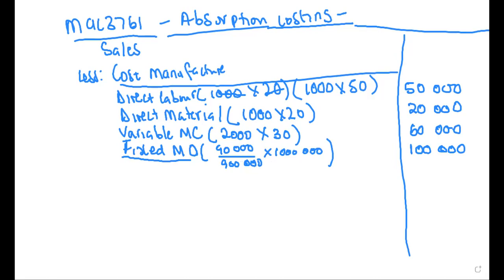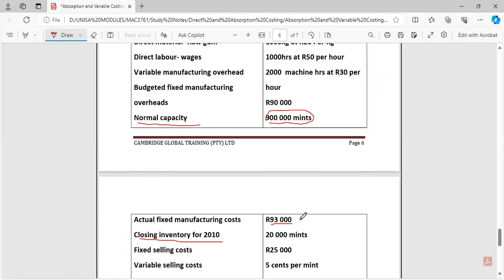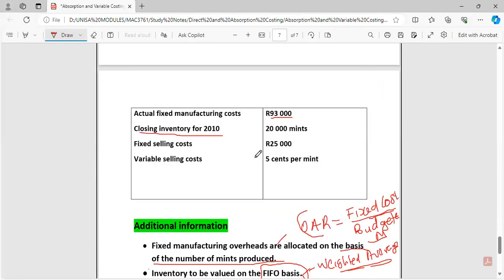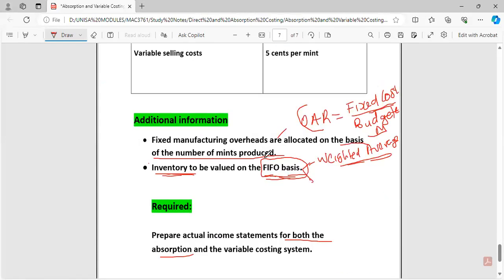If you come to the question, you will see that the question says, always be guided when you are doing absorption costing: if I don't find this line, then I know I'm not yet getting all the information. I must find this line when I'm doing absorption costing.